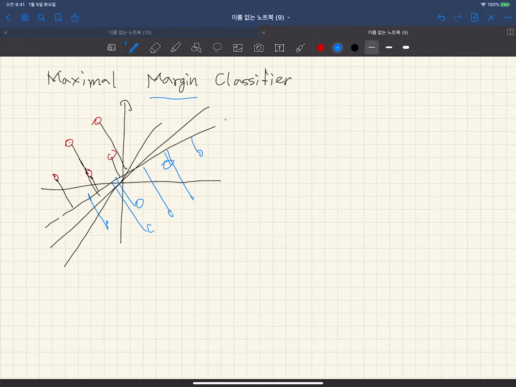Okay, and the maximal margin classifier is, we want to find the classifier or hyperplane that not only separates the red and blue points, but also has the largest margin, the distance to the closest point.